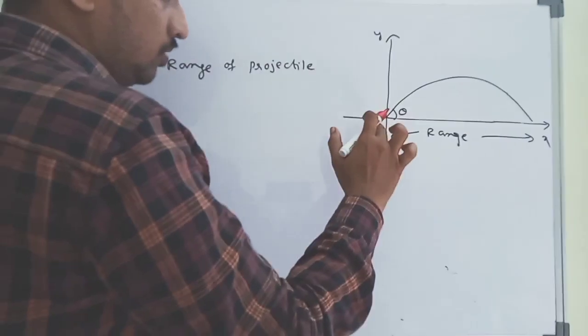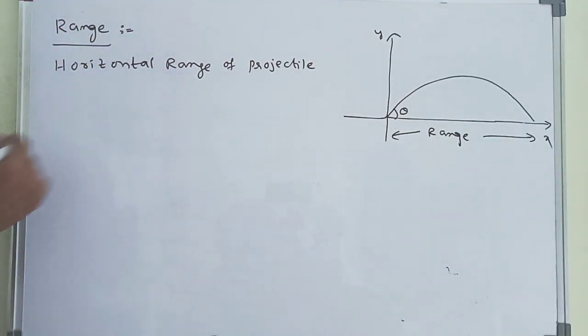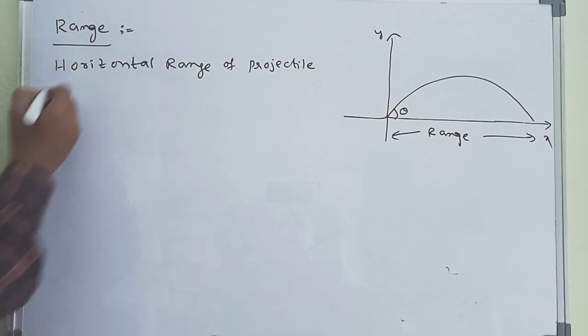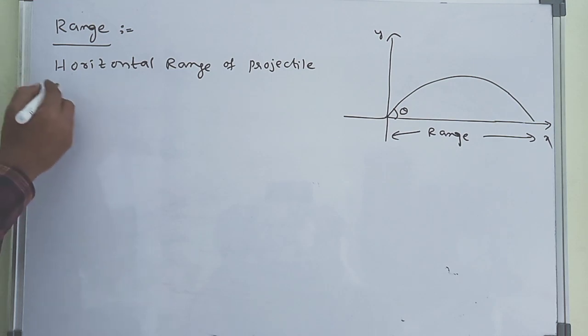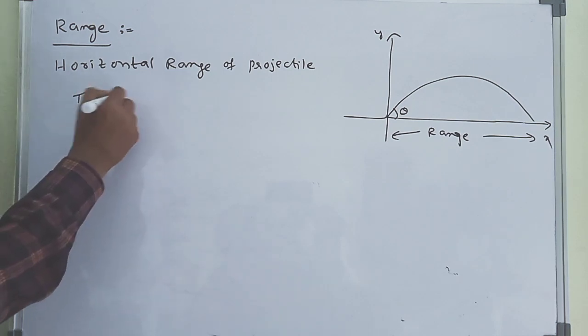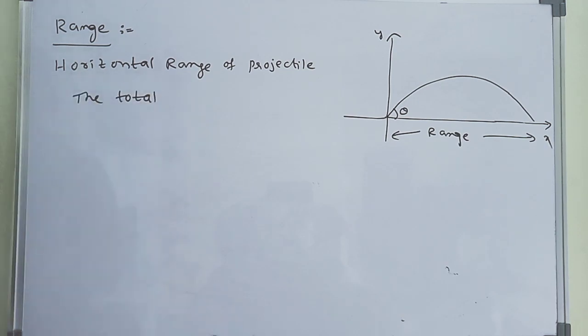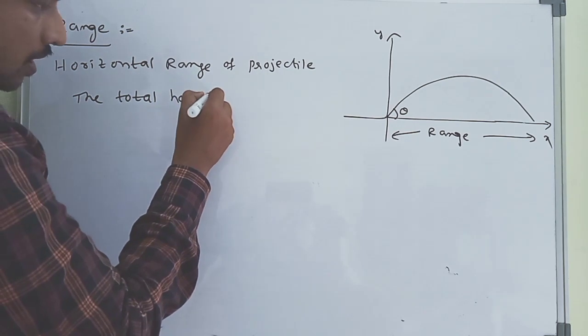Already we discussed: total distance traveled horizontally. Horizontal range of projectile means the total horizontal distance.